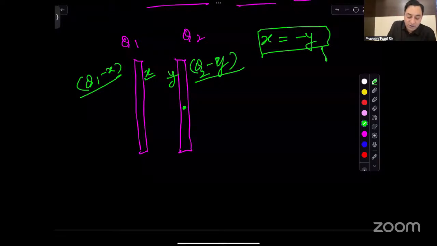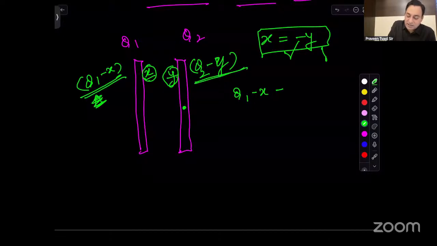So I'm just going to put that. From there, you will get Q1, you will divide this by area, then you will say sigma by 2 epsilon naught. So I'm just quickly writing the result. Q1 minus X plus, so these two are equal and opposite. We have seen that their net electric field will be 0 anyway. Now this and this should equate.